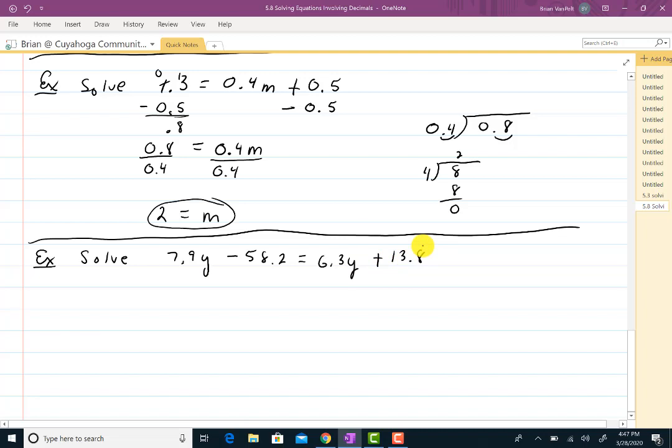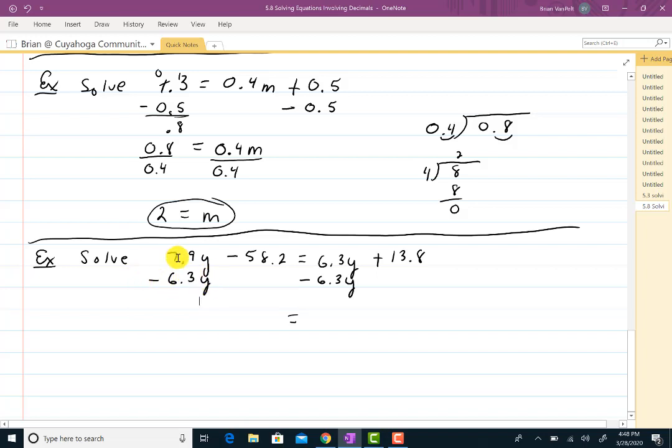The way I typically work these is I try to decide on what side I want the letter to appear on. So either I'm going to subtract 7.9y or I'm going to subtract 6.3y. I choose to subtract 6.3y because it will not introduce a negative number in front of the y.